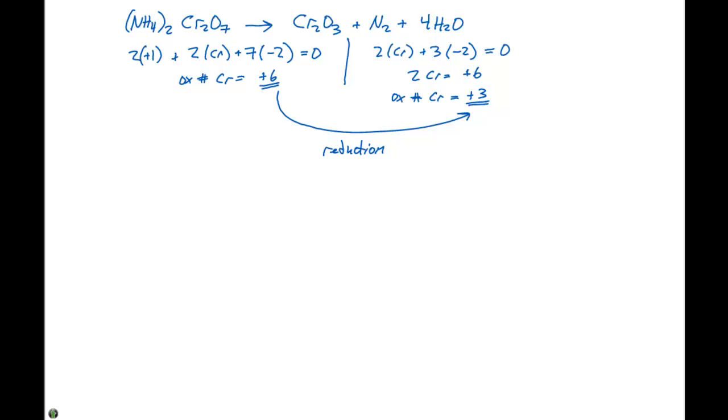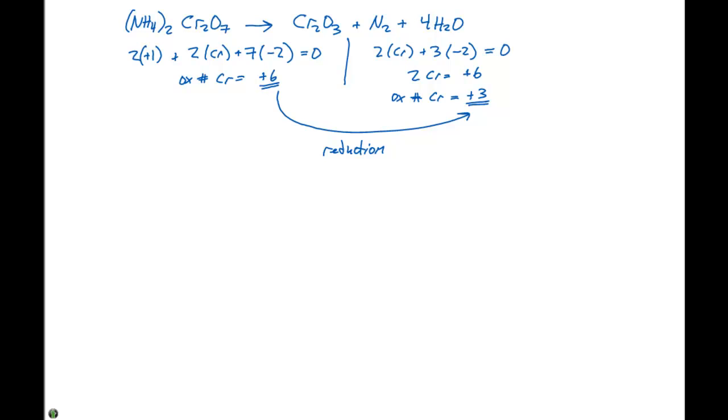Now, when something is reduced, it has to be accompanied by an oxidation. So the question is, which species in here becomes oxidized? We now have to look at the reactant and the product side to see what's oxidized and what's reduced.